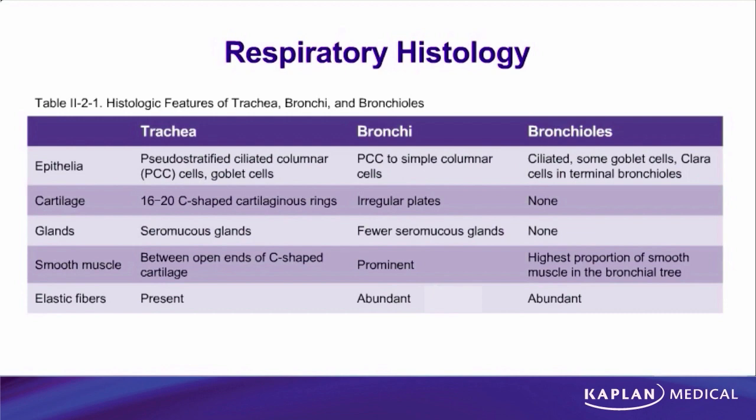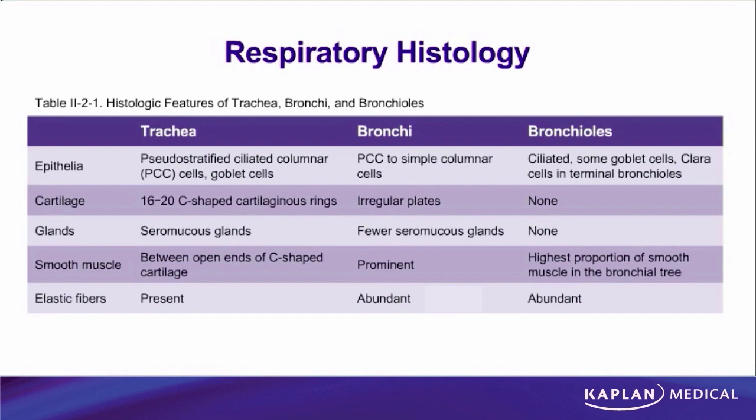So we use the cilia. Remember, the cilia have microtubules in them, so that they beat and move the mucus upward. So if we're going to have goblet cells secreting mucus, we better have cilia on the epithelia to move that mucus. So that's what we would expect to find.